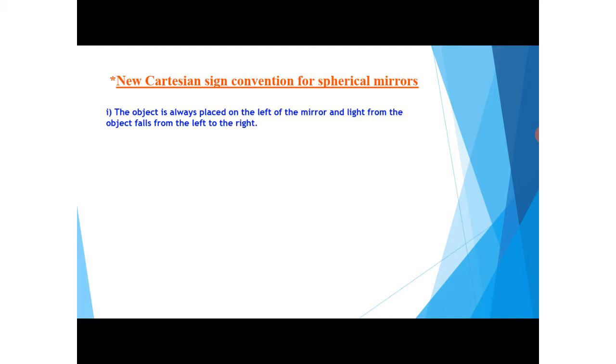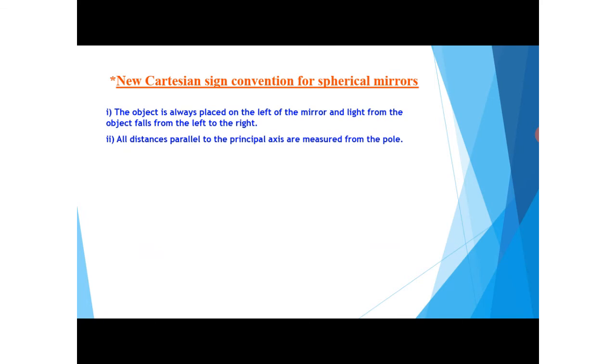Although in real life we can place the object on any side, the right or the left, here we consider the rule that the object is always placed on the left side of the mirror, and light is always coming from the left and going towards the right. If the object is at the left, the light will also go from left to right.